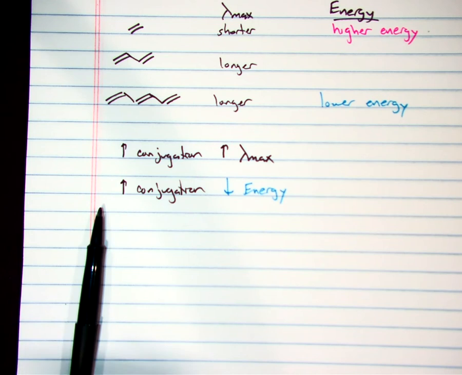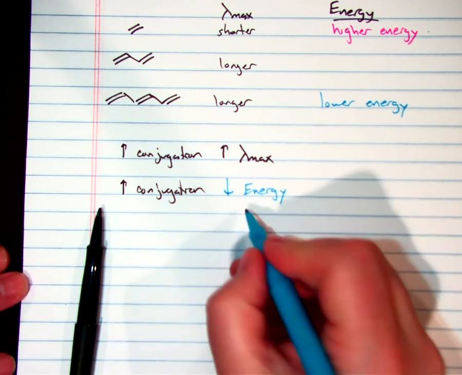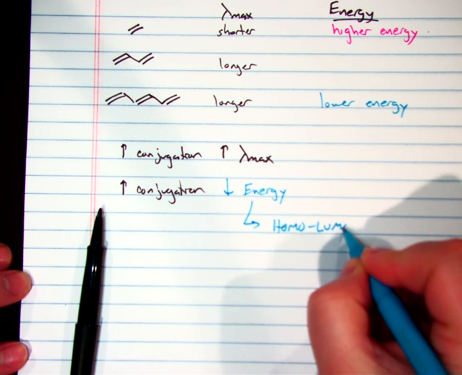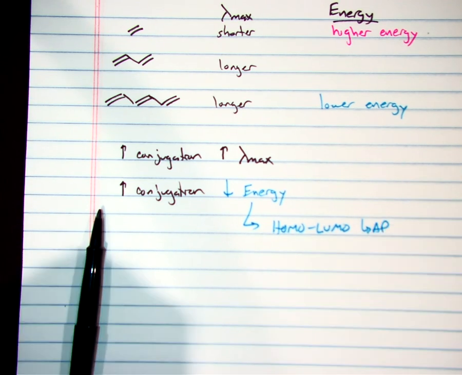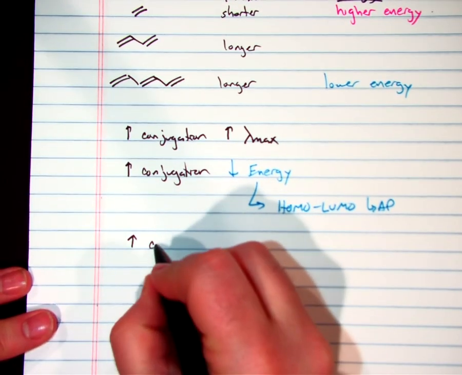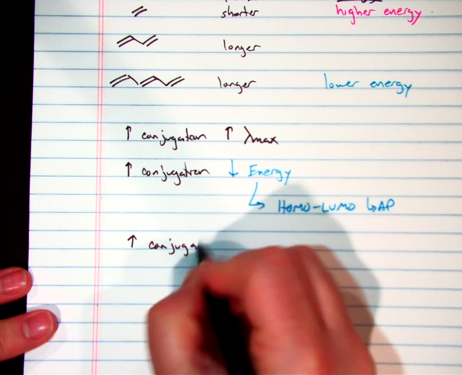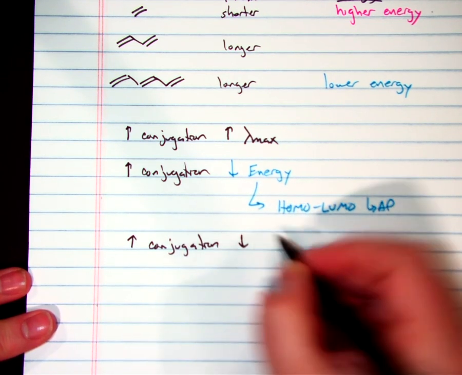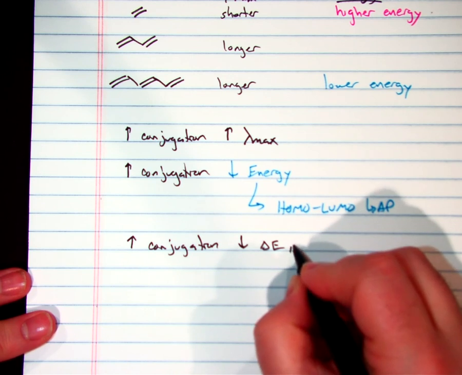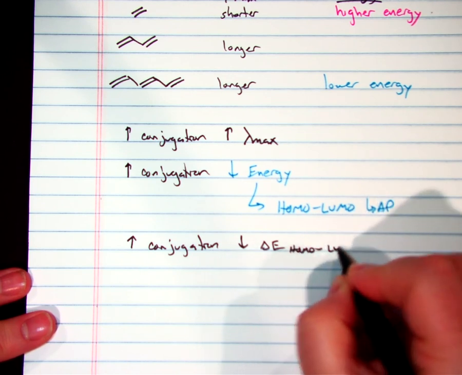So that energy that we're looking at here, this is that HOMO-LUMO gap. So that's telling us that if we increase the conjugation, we are decreasing that delta E corresponding to that HOMO-LUMO gap.